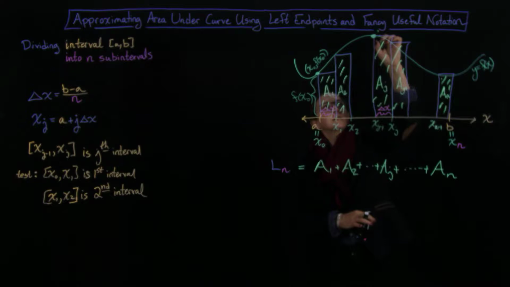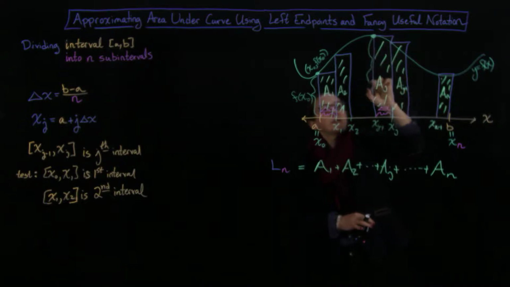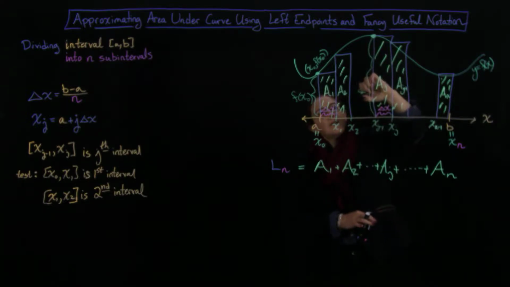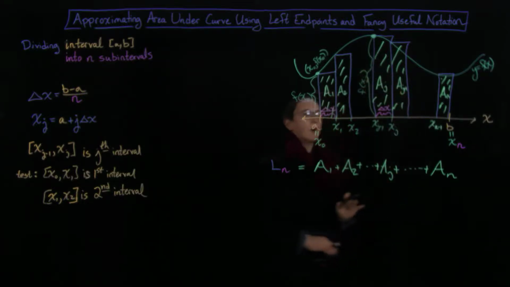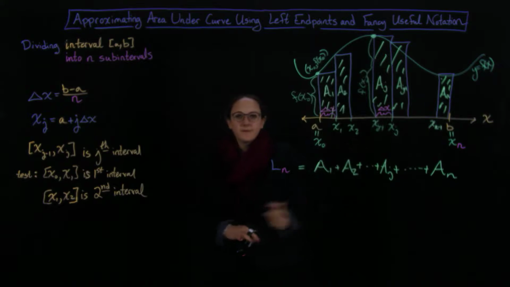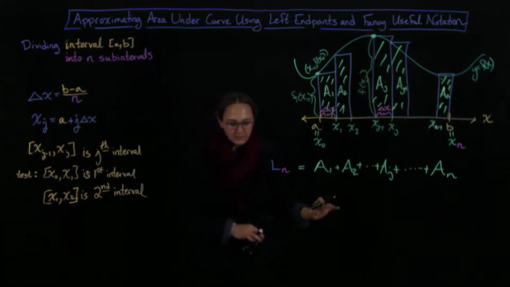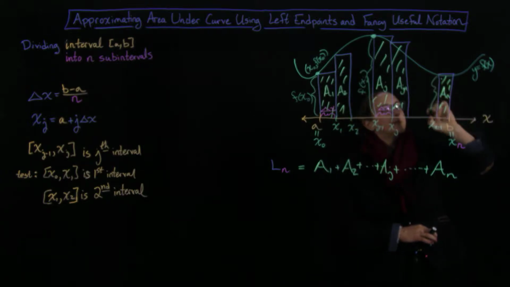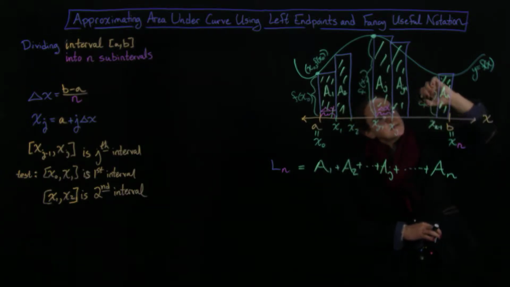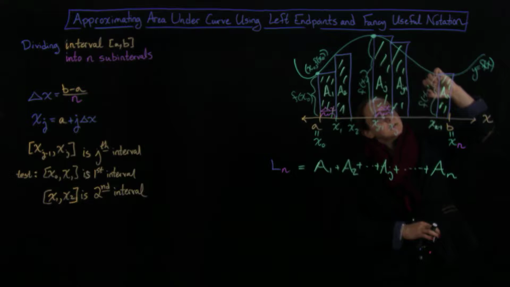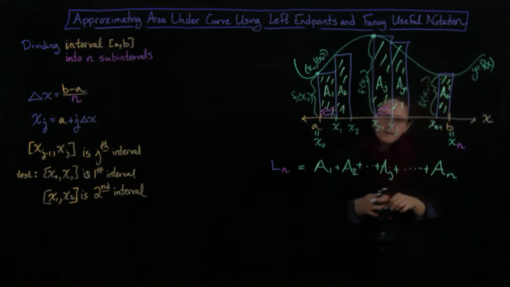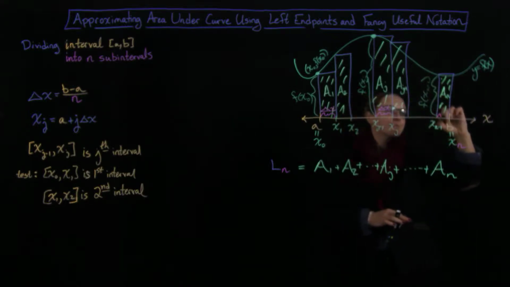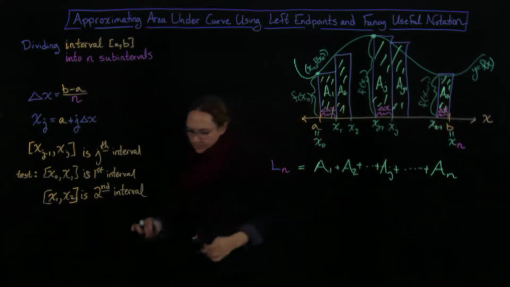So that's actually going to tell me that this height here, right, is going to be f of xj, right, because it's the y coordinate of that point there. Okay, and then I could keep on going and notice that this height here is going to be f of xn minus 1, and this width here is delta x.